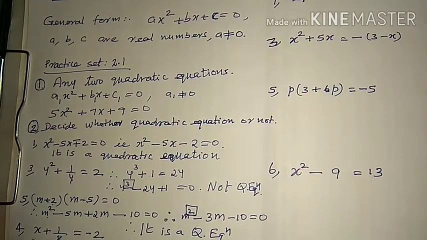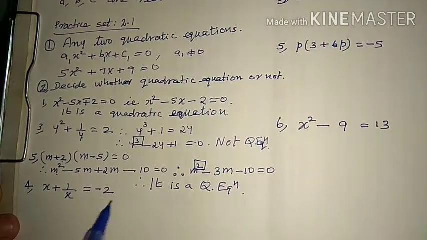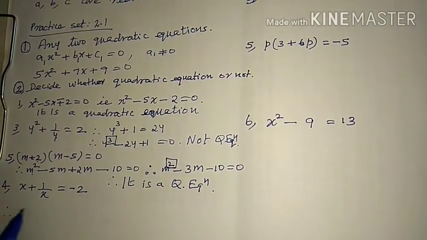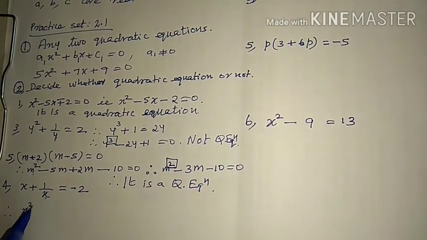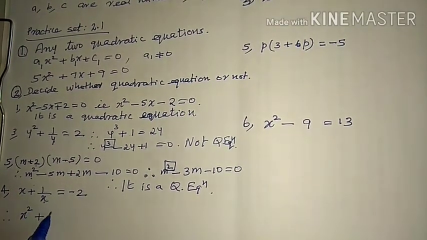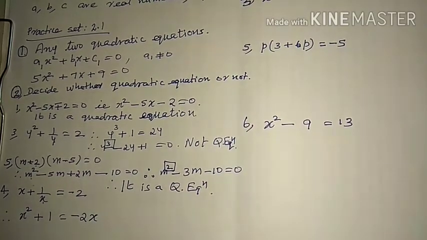Now question number 4, x plus 1 by x equal to minus 2. Denominator x we don't want, so we multiply by x: x into x is x square, plus x into 1 by x is 1, equal to minus 2 into x, minus 2x.